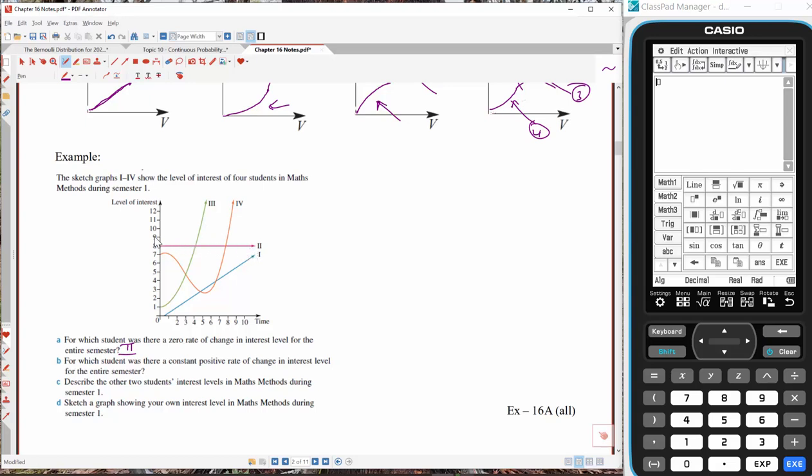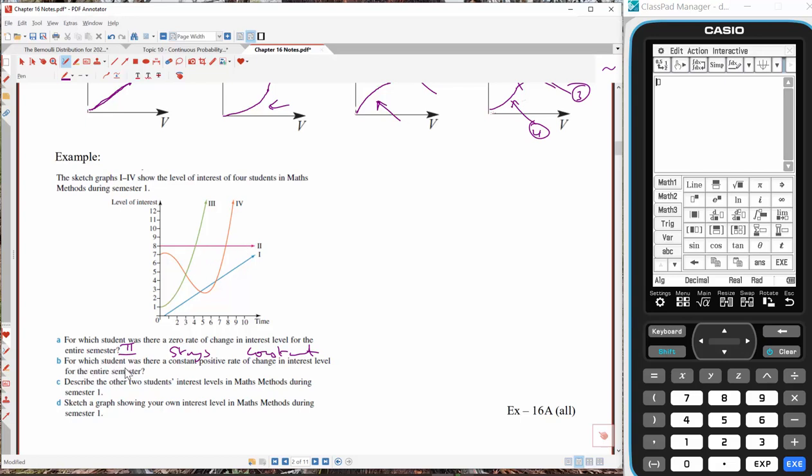What that means is the level of interest stays constant. So they were rated at a level of interest of 8 to begin with, and at the end of the semester, they were still 8. They were just constantly enthused by the course, but no sort of roller coaster ride. It was just the same all the time.